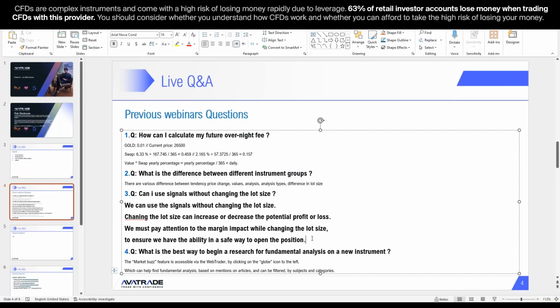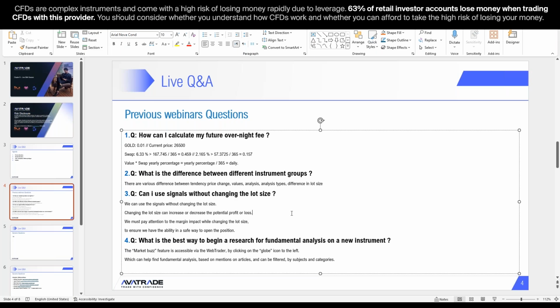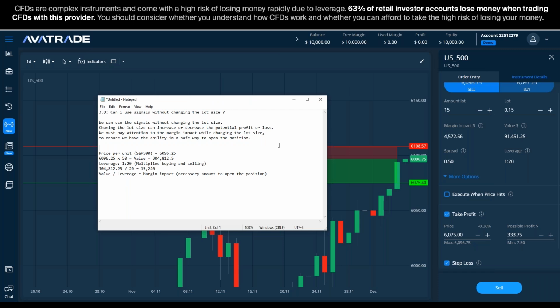If somebody wants to take a lot size that will use 99.99% of his margin, it's not forbidden in any way, and you can use it any way you want. But I'm here also to show you something a bit more educational, while keeping in mind that this is my opinion and everybody can use it as they want.